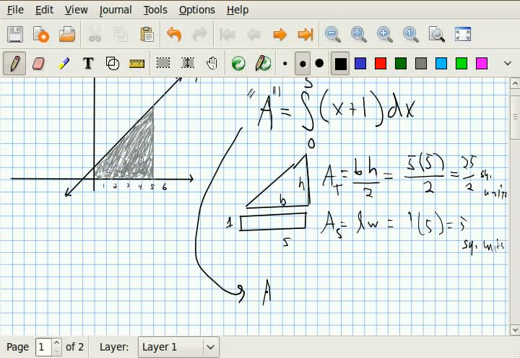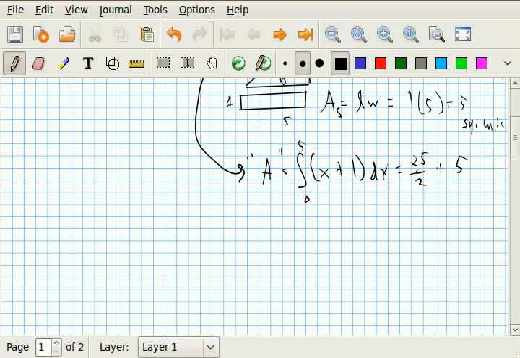So what's this whole area that we want to find, given by the definite integral? Well, we didn't actually use any calculus here, we just used geometry, because really this is asking us to compute an area. Well, it's going to be the area of the triangle plus the area of the rectangle. So that's 25 over 2 plus 5.